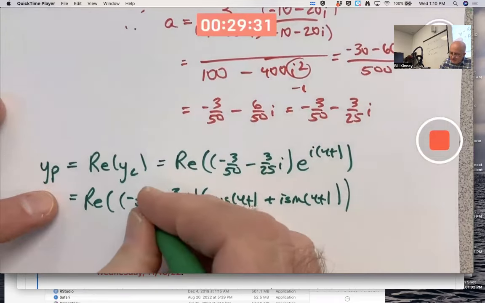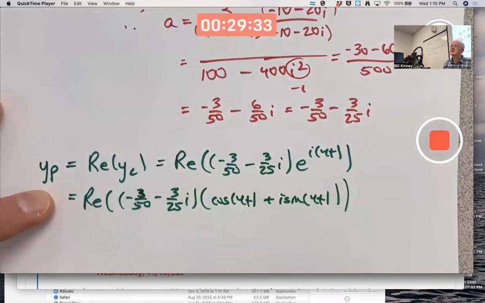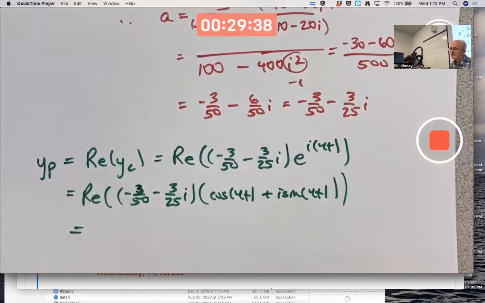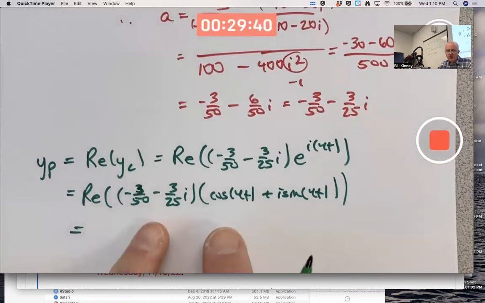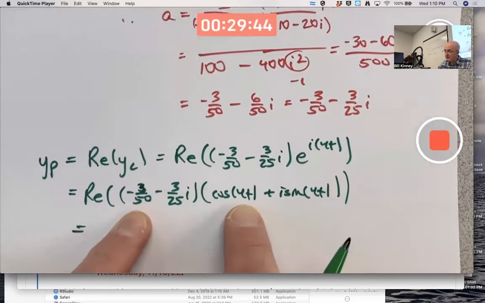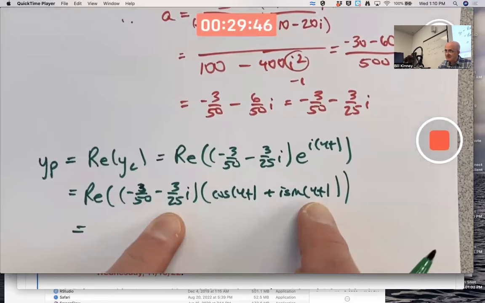Now you actually don't have to multiply everything here. Because we're after the real part, we can use a shortcut. The real part of this product of two complex numbers is going to be first times first and last times last. Those are the two products where the i is going to go away.